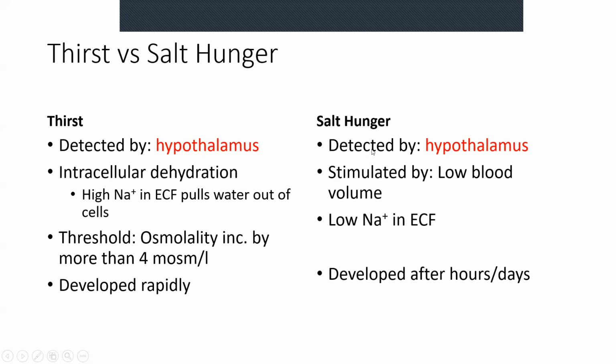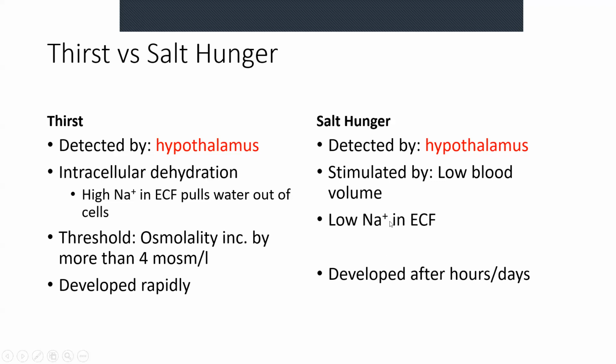On the other hand, salt hunger is stimulated by low blood volume and by low sodium inside the extracellular fluid. And so what the low sodium in the extracellular fluid does is, now that we have low sodium, you have a high amount of water and a much higher osmolarity inside the cells.